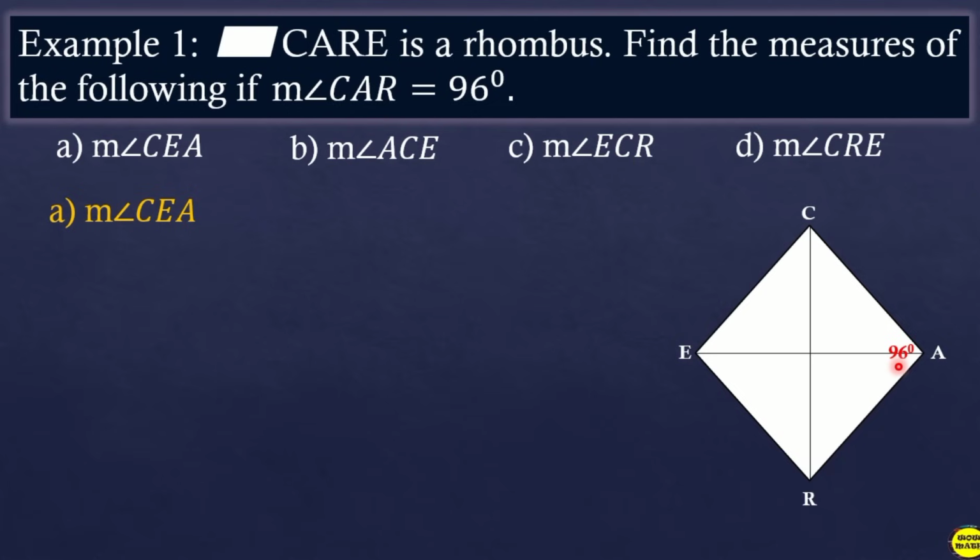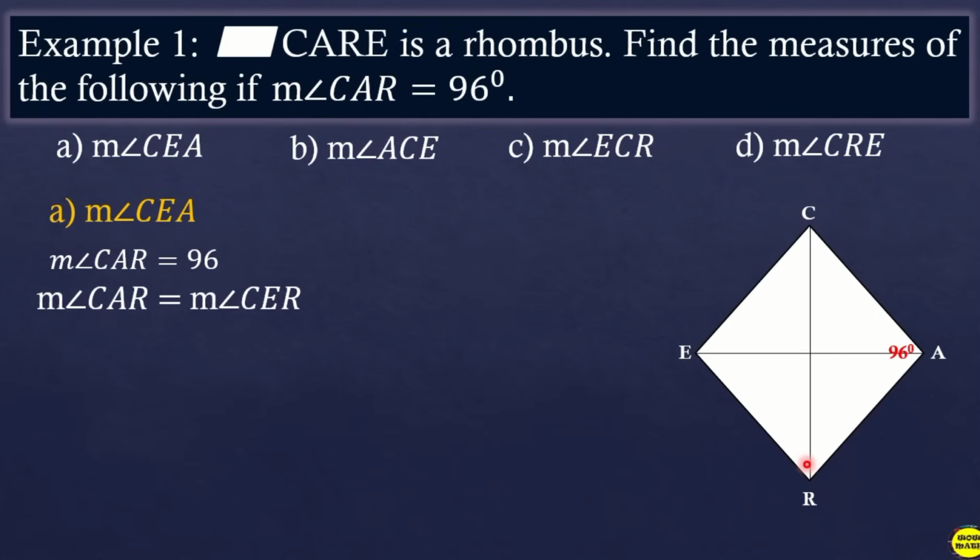Ang pinapahanap sa atin ay si CEA, yung kalahati ni CAR. Now, so anong properties ang pwede mong magamit dito? That CAR is equal to 96. So, si angle CAR is 96.